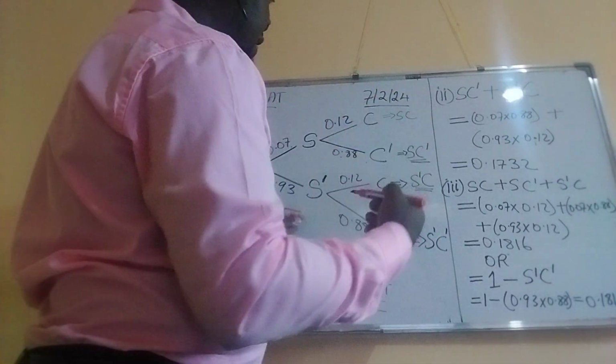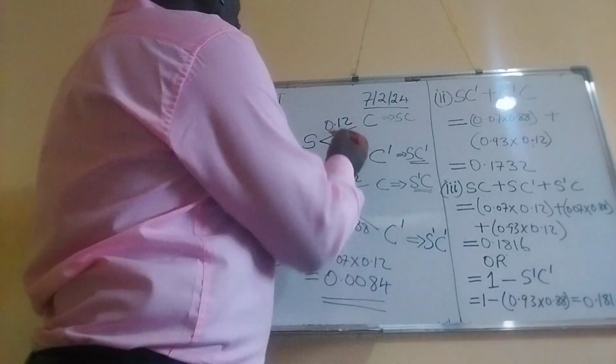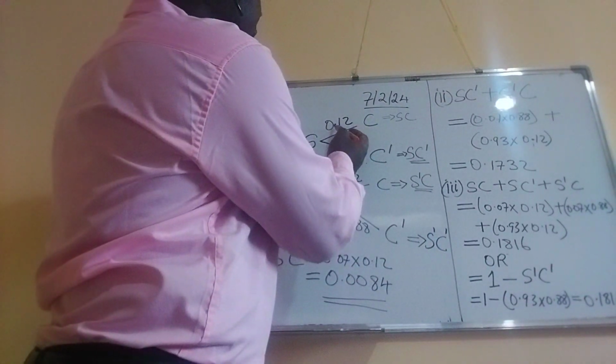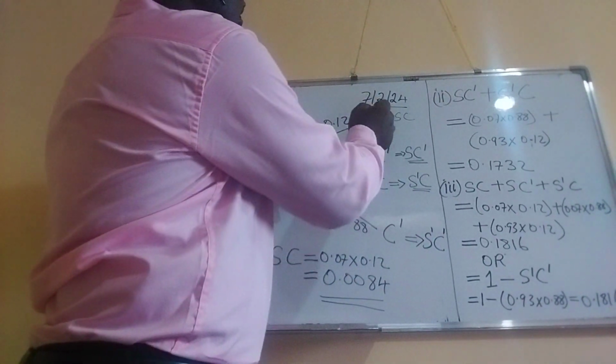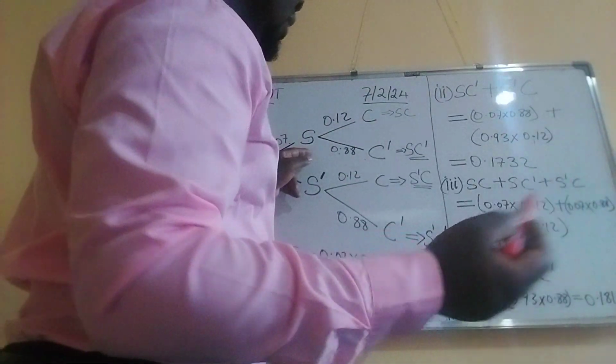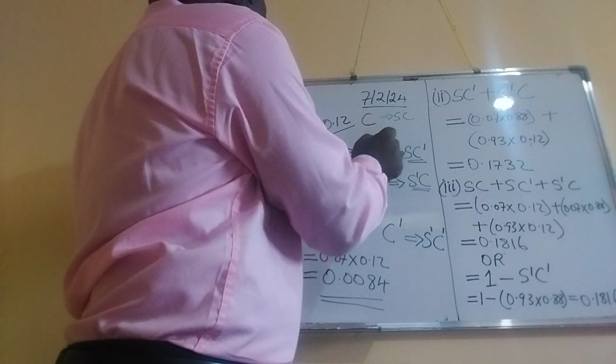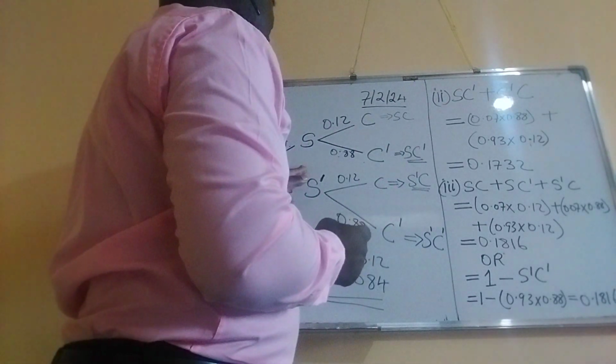And then the second event is the car being stolen. We are given the probability of the car being stolen as 0.12. So we can denote the car being stolen by C, and the car not being stolen by C prime.